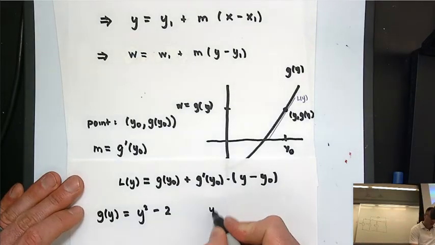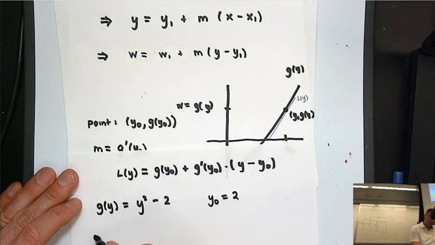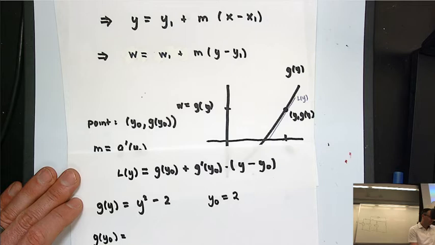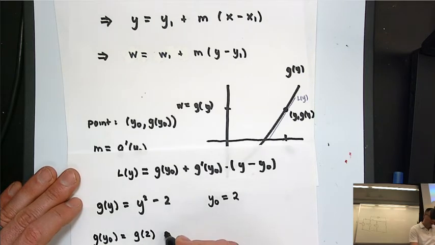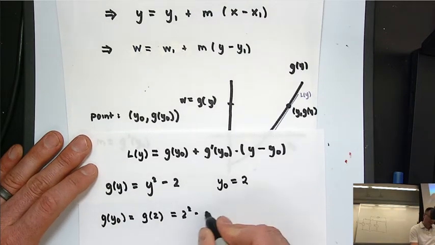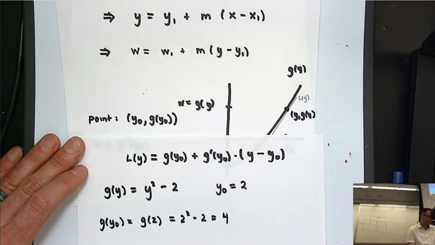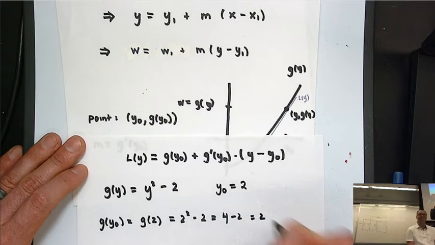So we say to ourselves, okay, well, y naught is 2. So what does that mean about g of y naught? Well, it's going to be g of 2, which in this case is 2 squared minus 2, which is 4 minus 2, which is 2.